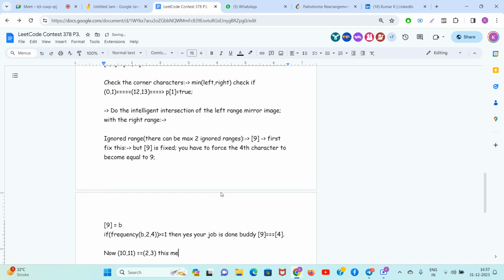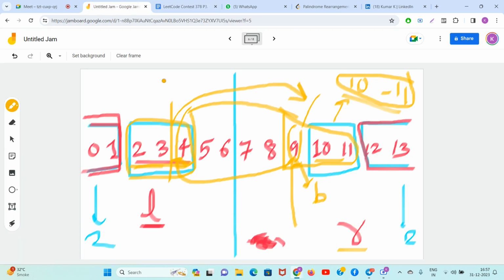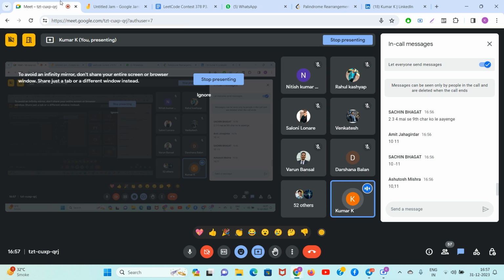This means the content of 2 to 4, which I already stored, minus B. Guys, one occurrence of B you will subtract, because one B has been stuffed into 4, so one B will be reduced. Yes or no in the chat.